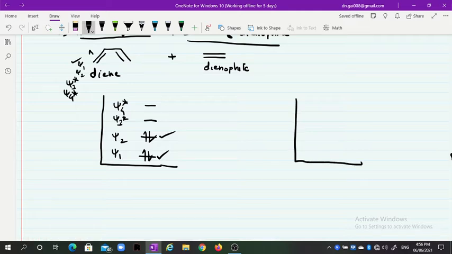For dienophiles only psi1 and psi2 star orbitals are possible. There is only one pi bond, therefore two electrons, and in the ground state we have filled two electrons.